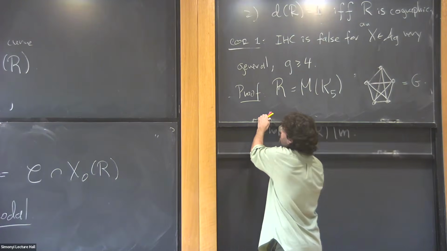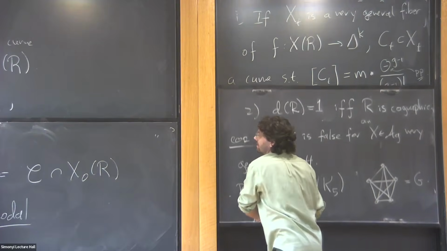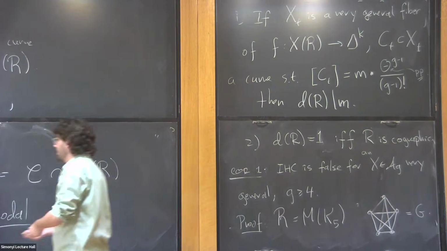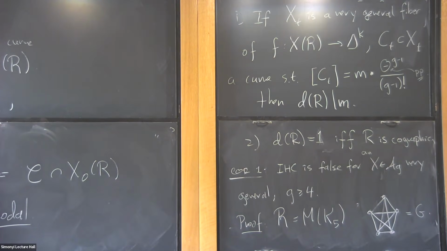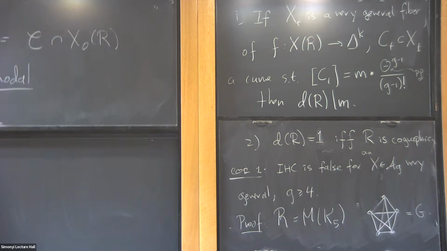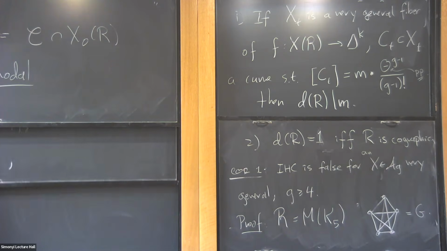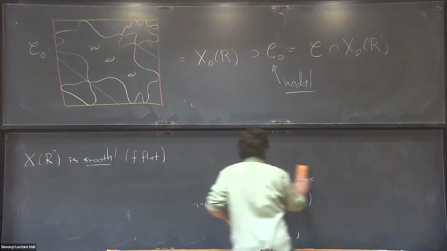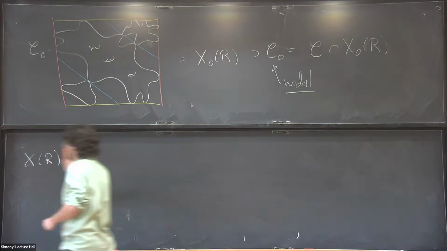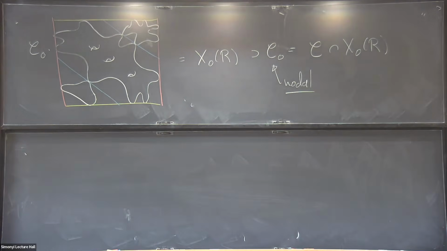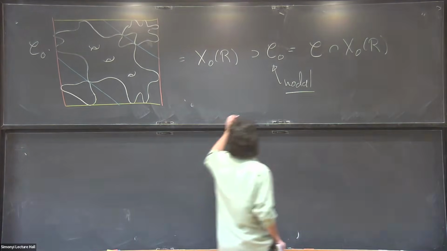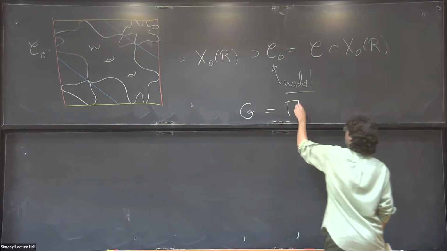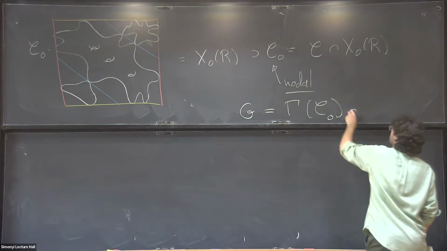Actually, sorry, let me keep this. Let me now extract some combinatorial information out of this picture. So first of all, we get a graph, which is the dual graph of this nodal curve.